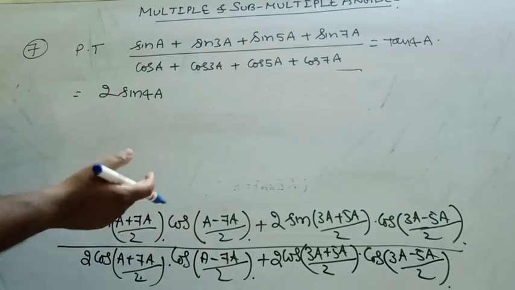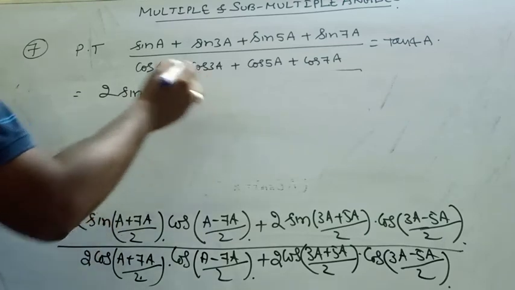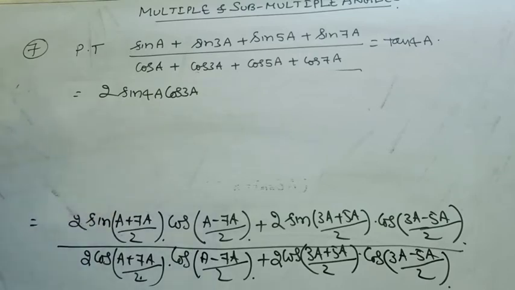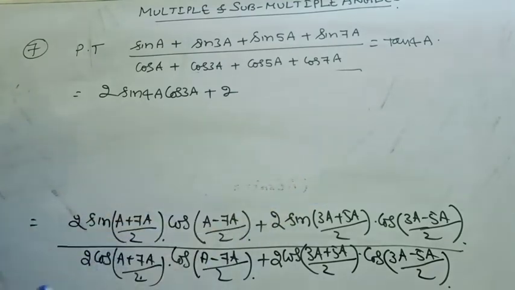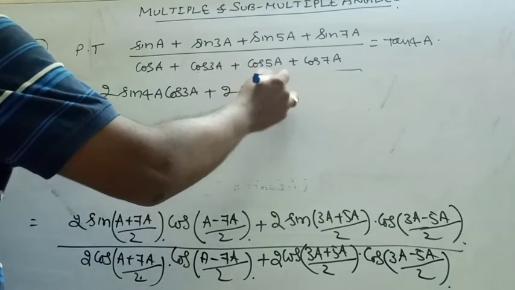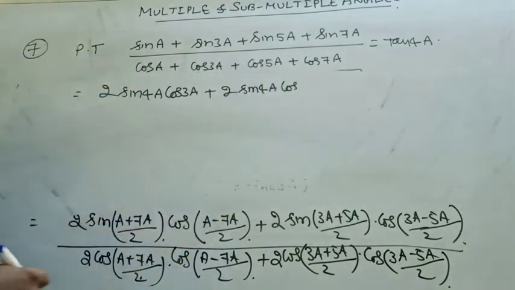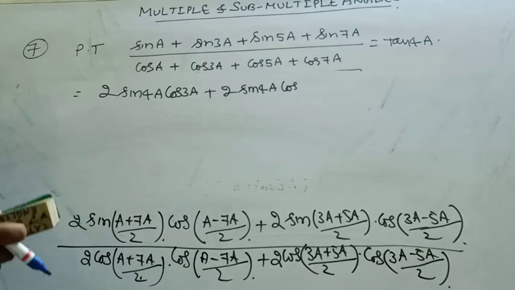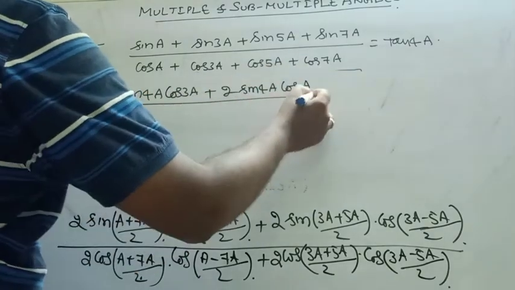Cos of minus theta become cos theta, therefore it become cos 3a, right, like this, plus 2 sin 3a plus 5a, 8a by 2, that is nothing but sin 4a, right, into cos 3a minus 5a. 3a minus 5a, how much you will get? Right, minus 2a by 2. That is a, cos a, you are going to get like this. Fine.